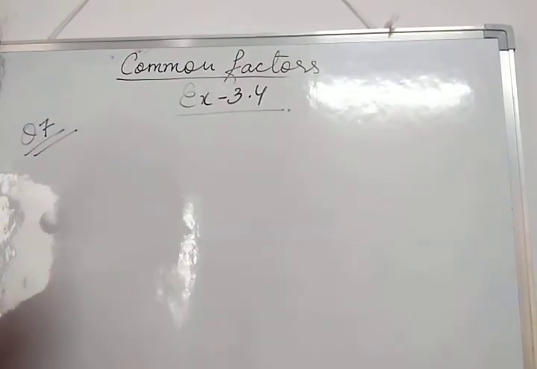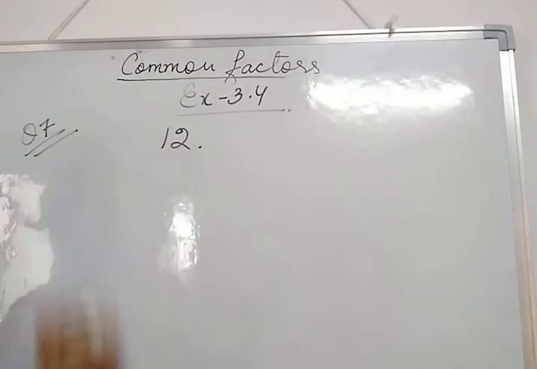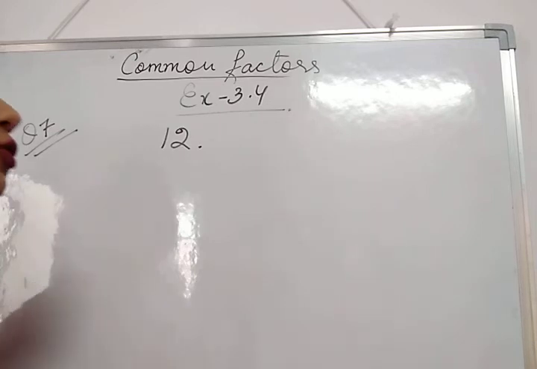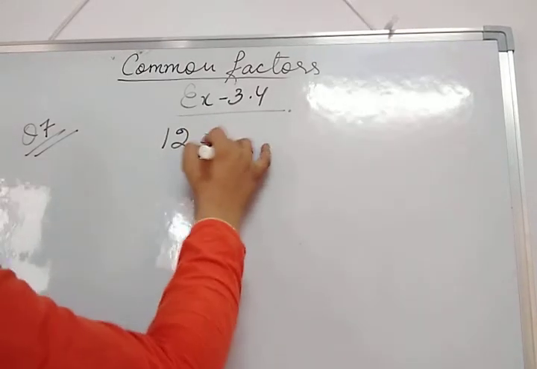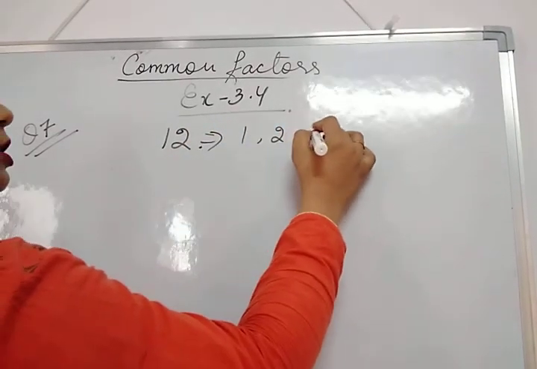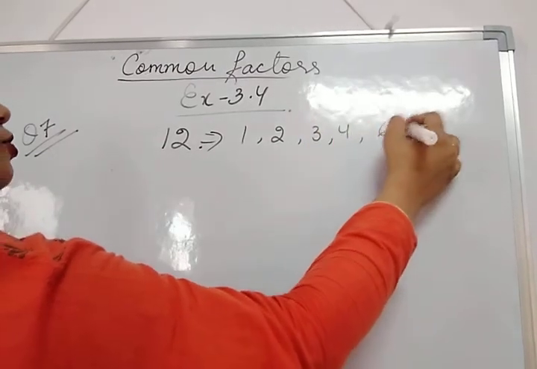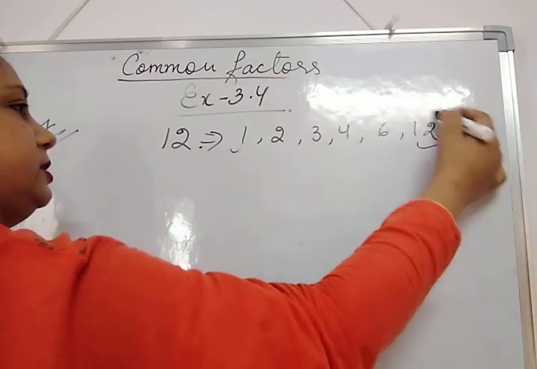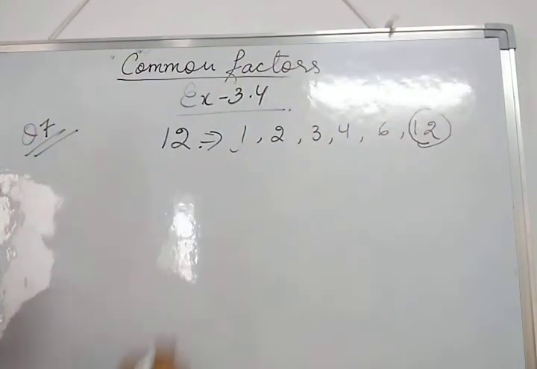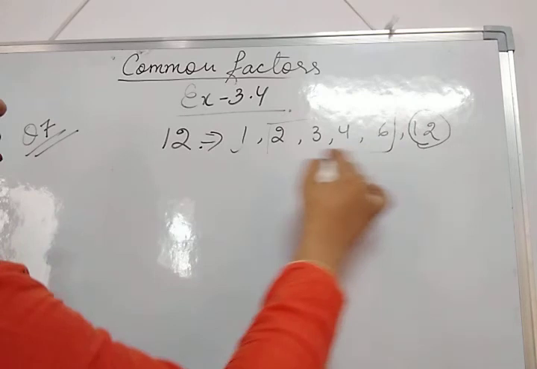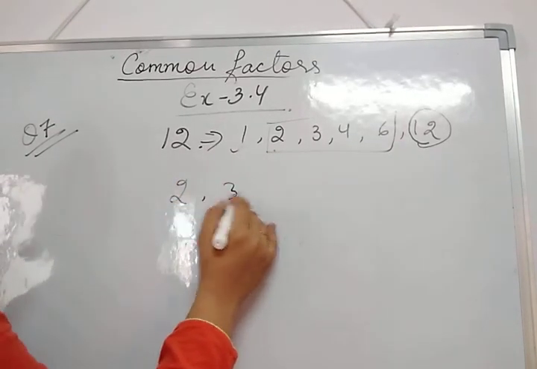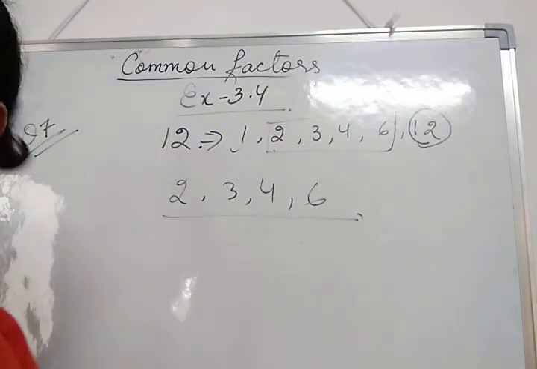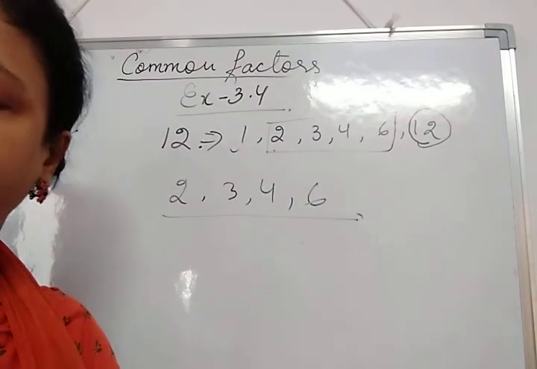These are the factors of 12, and the factors of 12 are 1, 2, 3, 4, 6 and 12. 1 is a factor of every number and the number is divisible by 12, already given in the question. So by what other numbers will it be divisible? By 2, 3, 4 and 6. By these numbers that number will always be divisible.